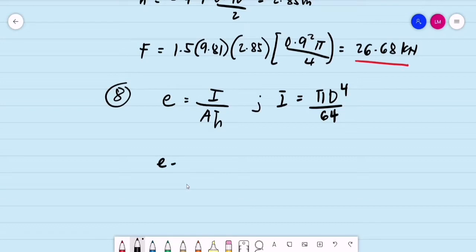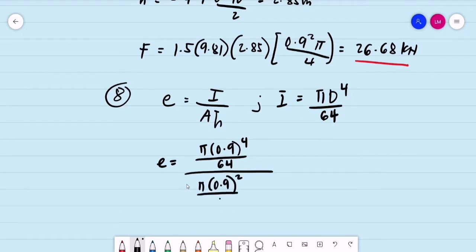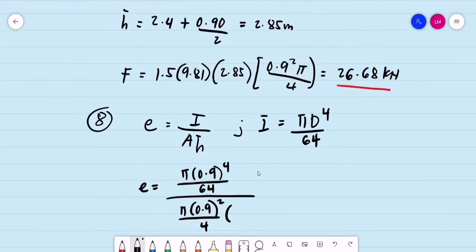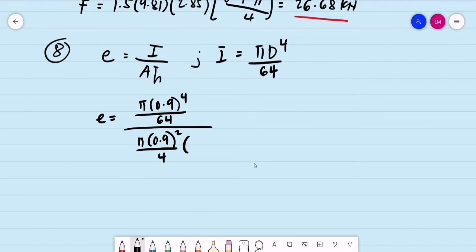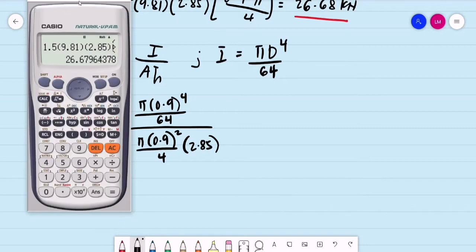Okay, this is the eccentricity is moment of inertia, pi, diameter, 0.9 raised to 4. This is divided by 64. Okay, divided by area in terms of the diameter, pi of 0.9 squared. Okay, divided by 4. Then, h bar, ano yung h bar kanina? That is 2.85. So, we'll be having the value of the eccentricity.